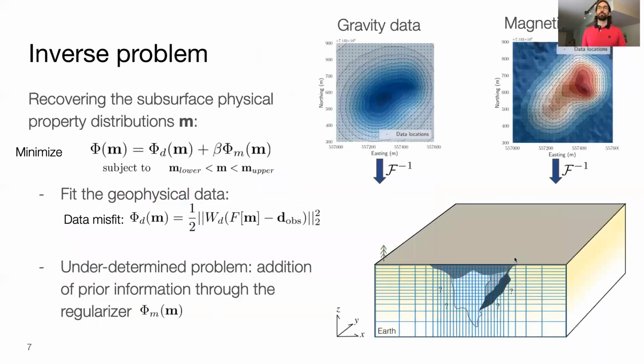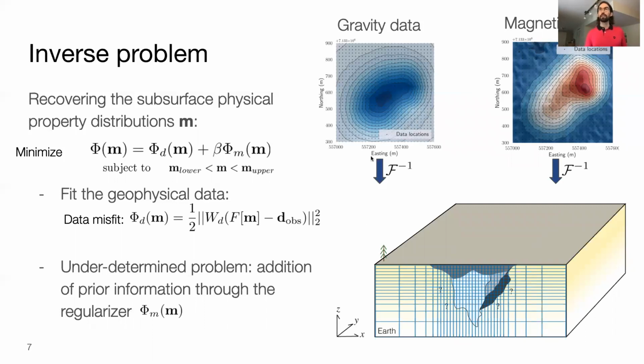And the goal of geophysical inversion is, from those data we acquired in the field, to go from the data to an image of the subsurface. For that, we discretize the Earth. By that we mean we divide it into different cells, like a pixel in an image, and we want to populate it with physical property values that are going to give us an image of our subsurface structures.